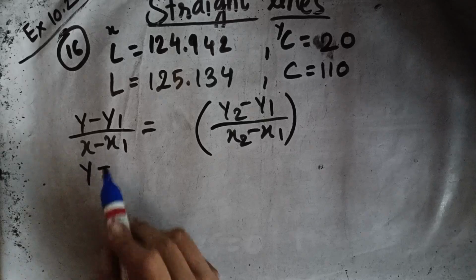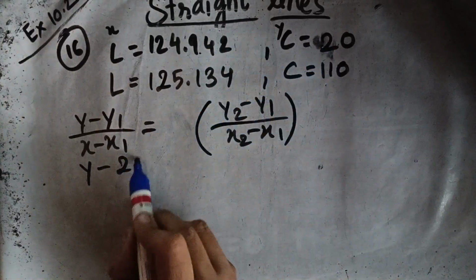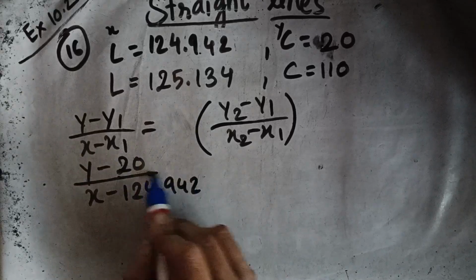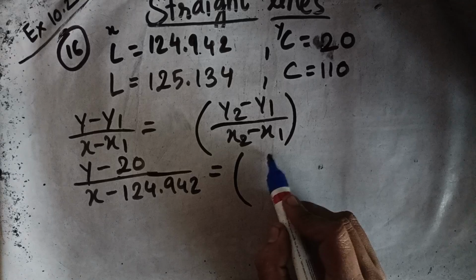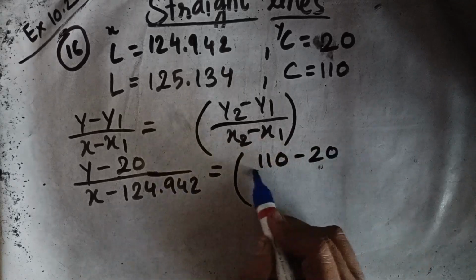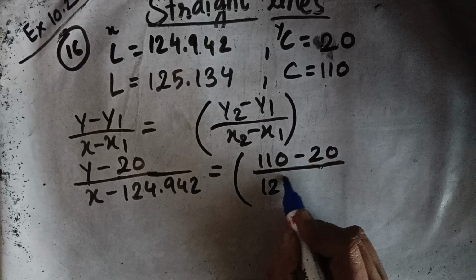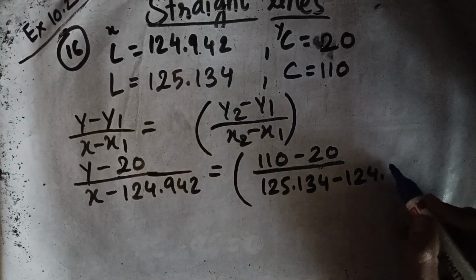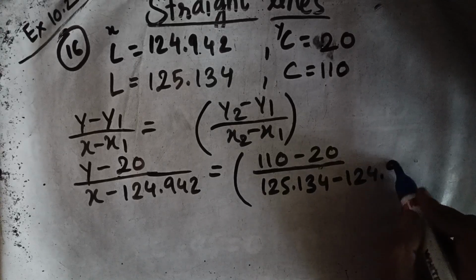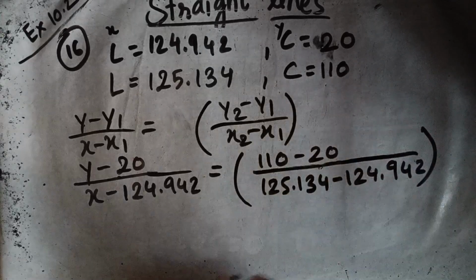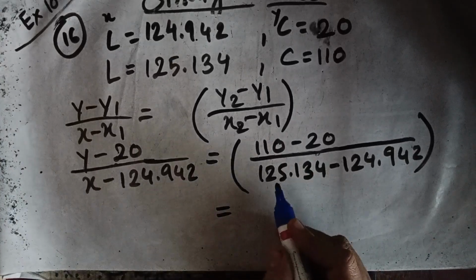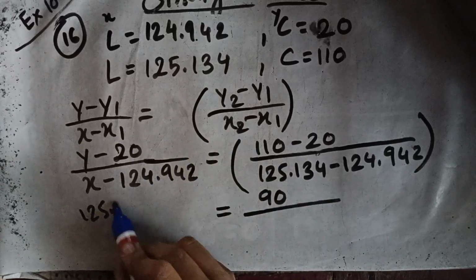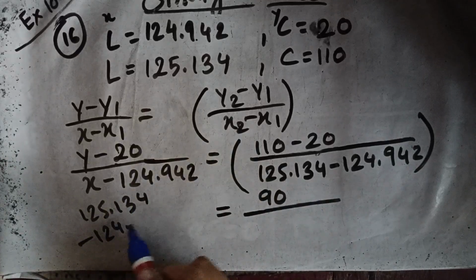So y minus 124.942, this is x1 y1. y2 is 110, 20. This is 90 and this is 125.134 minus 124.942.